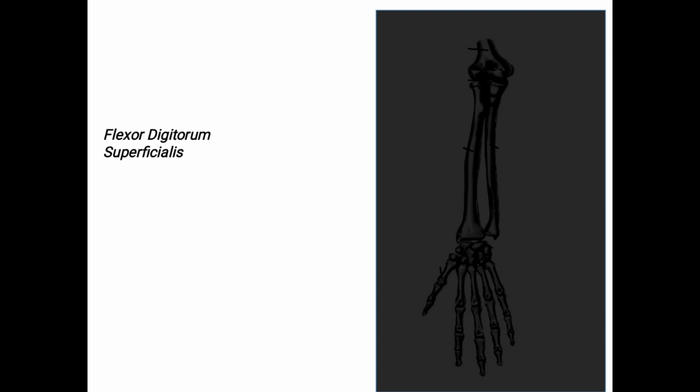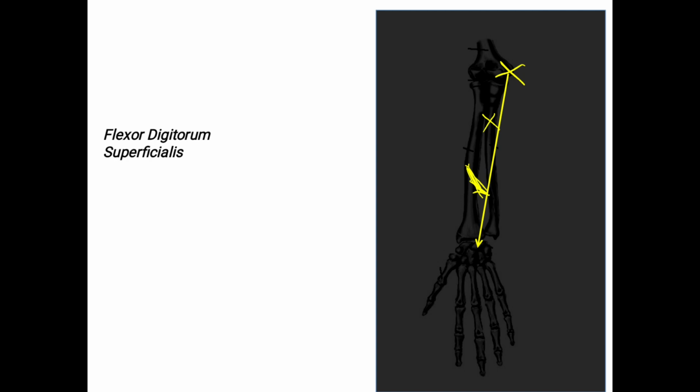So let's go to the summary of your flexor digitorum superficialis. Your flexor digitorum superficialis has origin at the medial epicondyle. It has origin from the ulna, and it has origin from the radius.